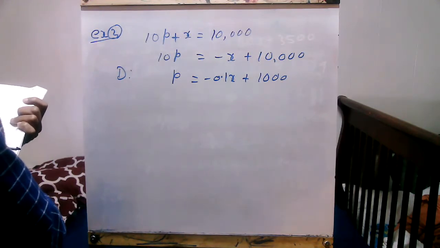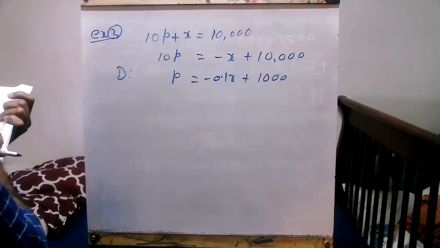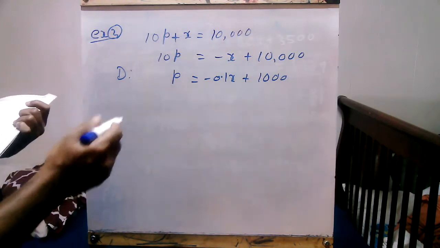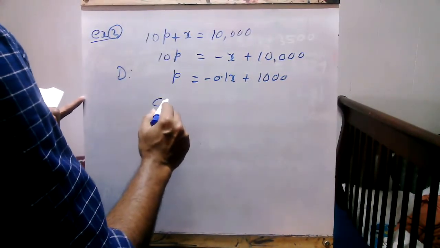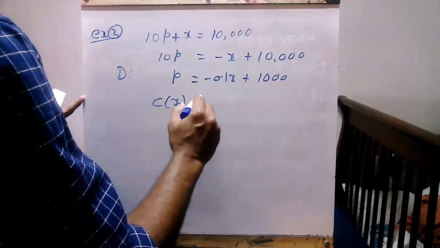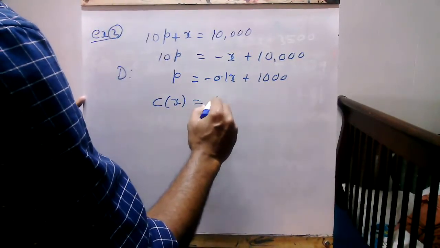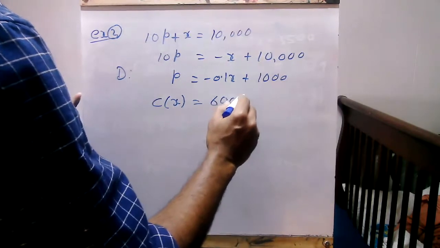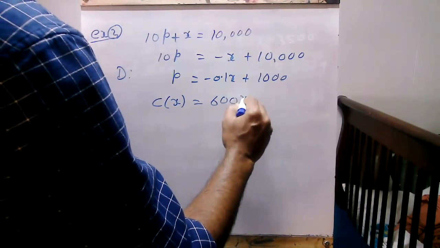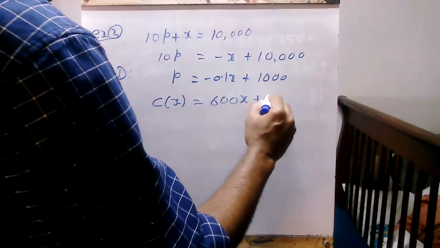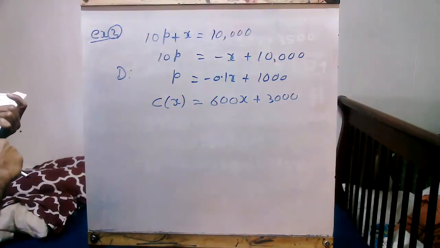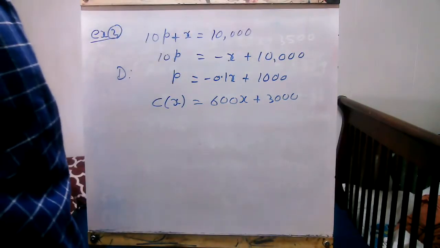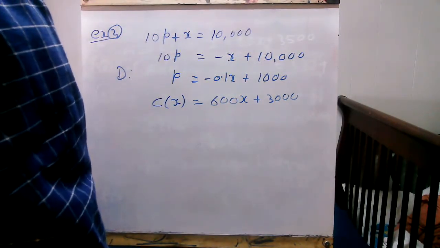If the producer's cost is C(x) equals this, okay, cost function is given. I write the cost function here, plus 3000. Determine the revenue function.